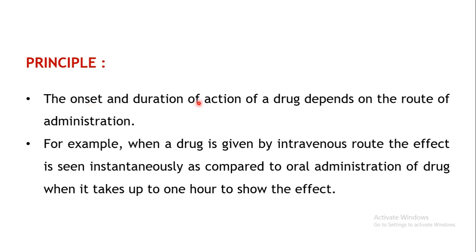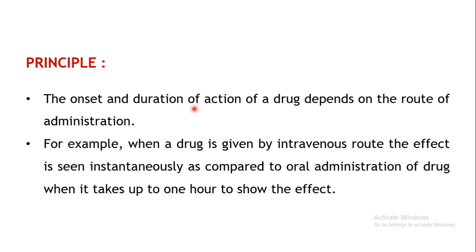So also the duration of action, that is the time for which the drug will show its action. Every drug, when you administer one particular dose to a person, will start showing its action after a particular time and will act for a particular duration of time. That is known as the onset of action and the duration of action of that drug.